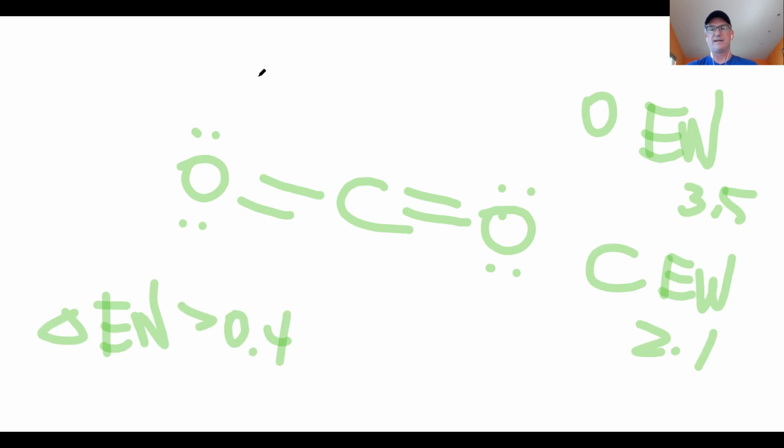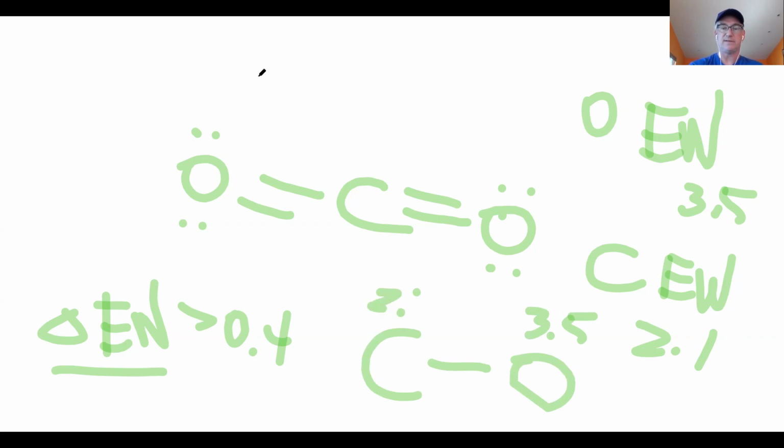So are these carbon-oxygen bonds polar or non-polar? It has a greater electronegativity difference than 0.4. They would be polar, right. This carbon-oxygen bond would be polar because the oxygen has a much higher electronegativity than the carbon does. That's a much bigger difference than 0.4, so it's a polar bond.